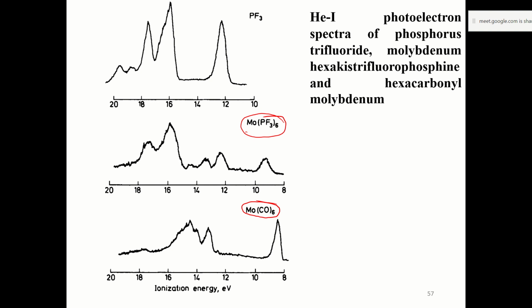So you can see here there are certain things which you can easily point out. The orbitals of PF3, and here the two orbitals that you see at the lower energy side, these are the d orbitals of the metal. Metal is electropositive, it is easier to take out electrons.